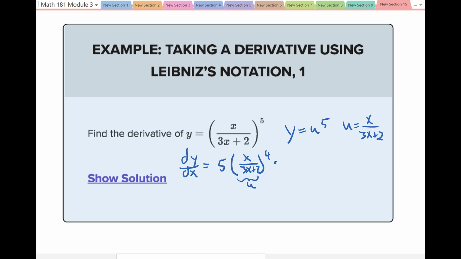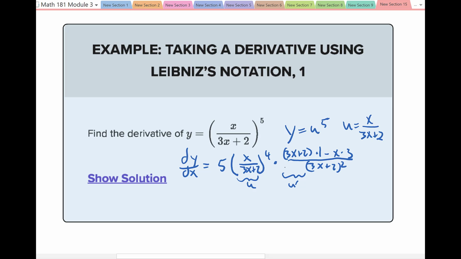Then times the derivative of u. This next part is my u prime, or du dx, and that's going to be low d high. Low is 3x plus 2, d high is 1, the derivative of the numerator is 1, minus high, which is the x, times d low, which is the 3, all divided by the 3x plus 2 squared.